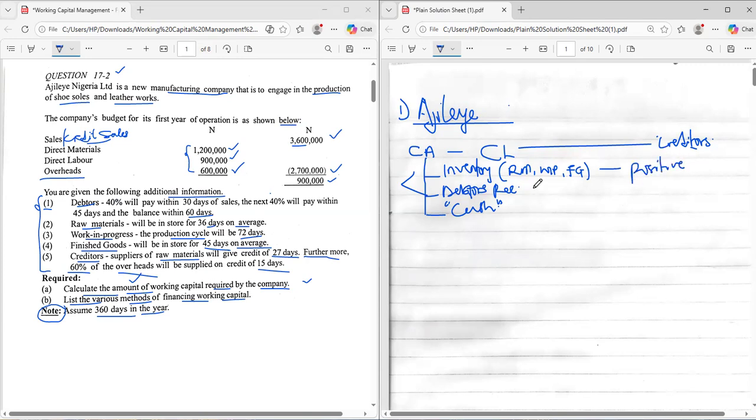It means they are always added. Then what effect do your creditors have when calculating working capital? Negative. They are subtracted. Are we good now? Can I proceed? Is anybody confused?